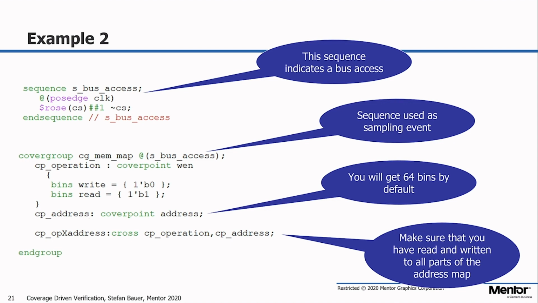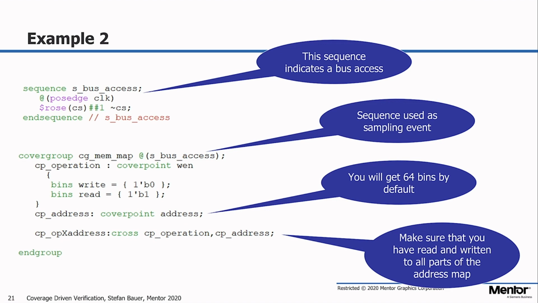The big advantage of crossing cover points, as you see here, is that if I need to update a cover point, let's assume we add some cover bins to this address cover point to define specific ranges which I want to see, it is automatically applied to this cross item here. So you do not need to take care of updating this cross item as well. It will automatically be applied to that.